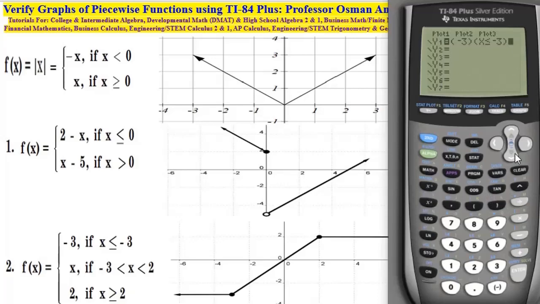And it is equal to x, and this is valid when x is greater than minus 3, second math logic and, x is less than 2.